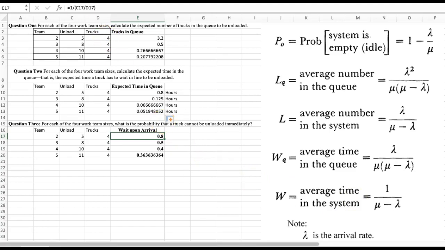So I take 1 minus my 4 divided by 5, which gives me 0.20 of that 1, and then we'll have a probability of 80%. It gets a little trickier here because we're using an odd number, so it comes out a bit different. You can change that around to show that the odd numbers are in there, but we do have a probability of 0.36, or a 36% chance that someone would have to wait upon arrival.